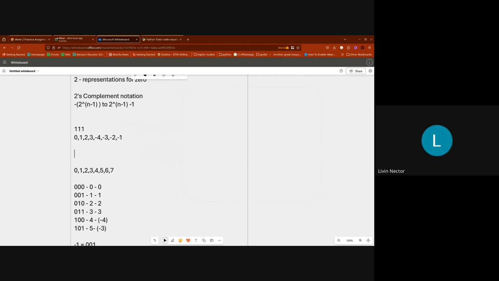Okay, another small example. Can you find the value of -3 with these 3 bits? How would you do it? Anyone? Can you quickly solve and tell me the answer? -3 with 3 bits.